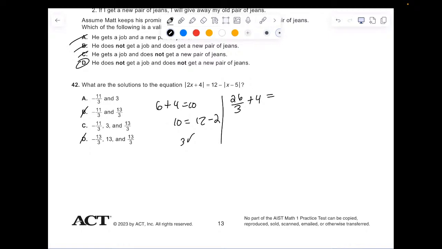And I'm just going to put this into a calculator, which is 12.67. 12 minus 13 divided by 3 minus 5 is positive, so 0.67. So it is close, but no cigar.